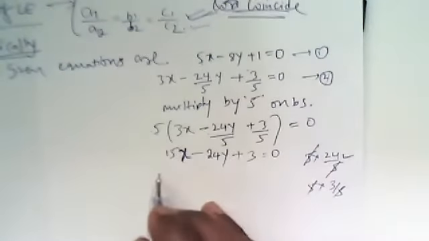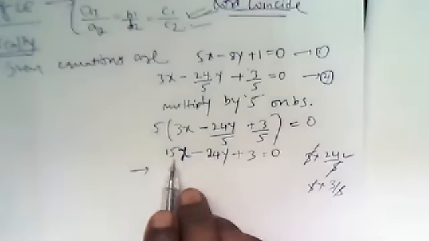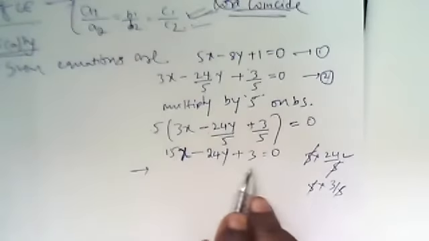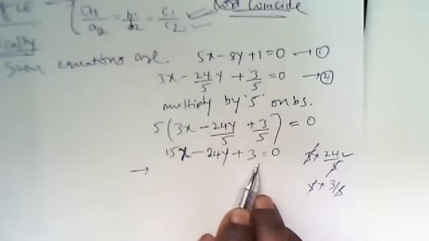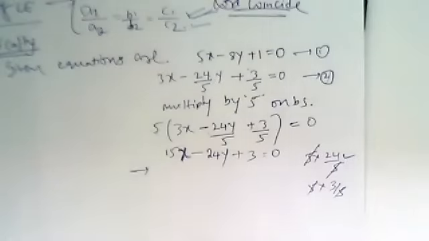What is the next step? Here 15, here 24, here 3. What is our next step? Take 3 common. We should make the equation simple.